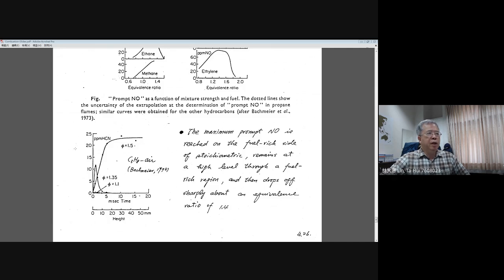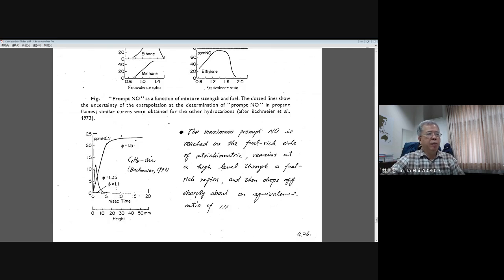The decrease of HCN means the increase in the prompt NO. Okay, which means around the equivalence ratio very close to the fuel-rich sides, they can produce a big number of HCN, but later on those HCN will convert completely to the NO.